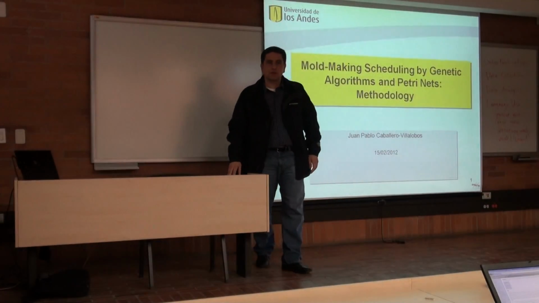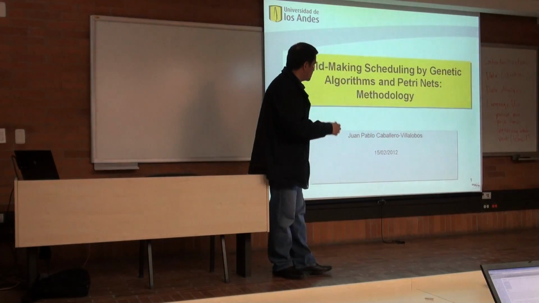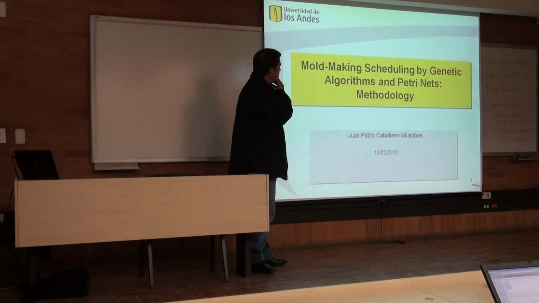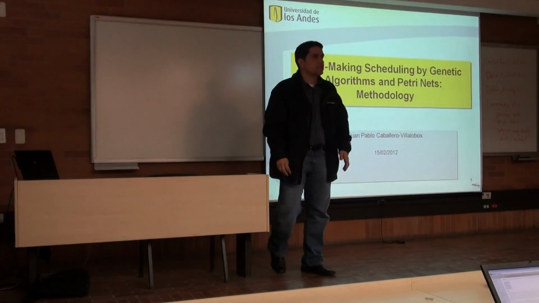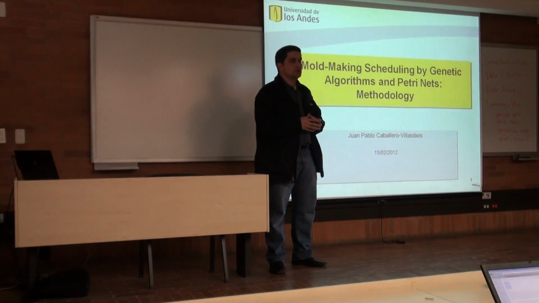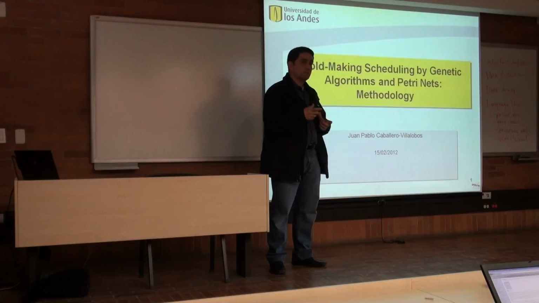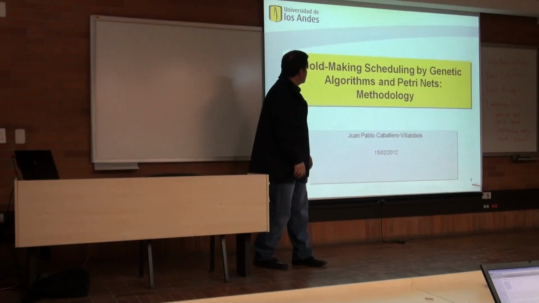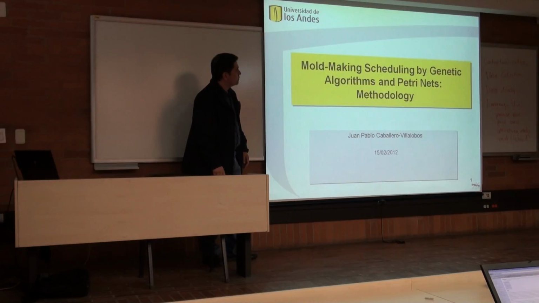To share with you something about the investigation that I'm doing. This paper is about the archives of study in a fabric that produces injection molds for plastic parts in the industry. The name is Mold Making Scheduling by Genetic Algorithms and Petri Nets.